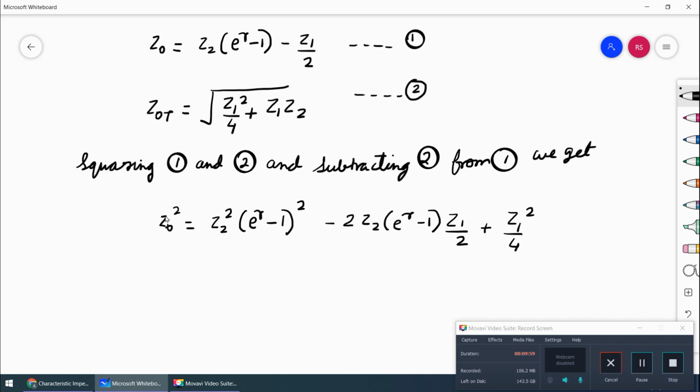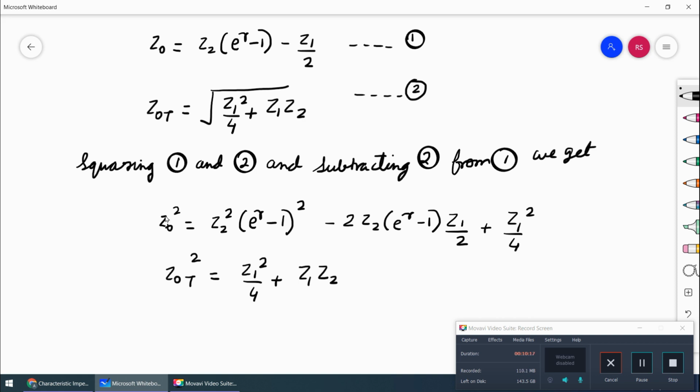This is the squaring of 1, and squaring of 2 will be Z0T square is equal to Z1 square by 4 plus Z1 into Z2.